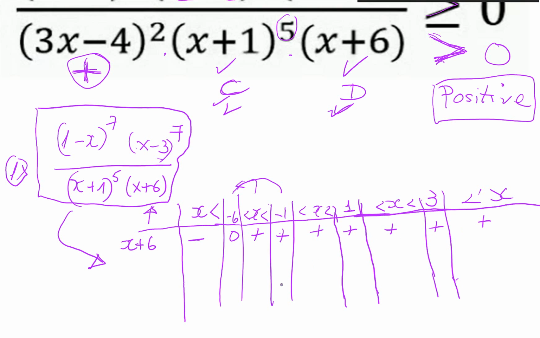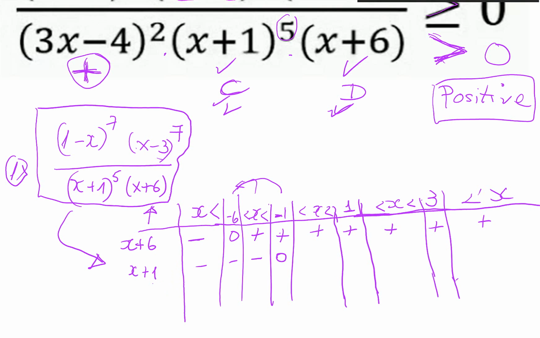Now, what happens with x plus 1? At minus 1, x plus 1 gives 0. To the left of minus 1, x plus 1 is negative.